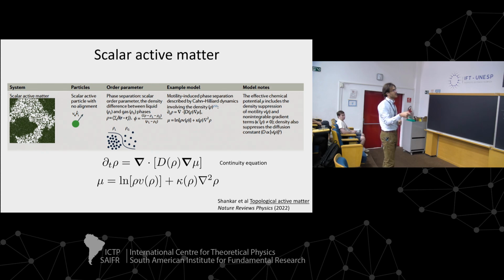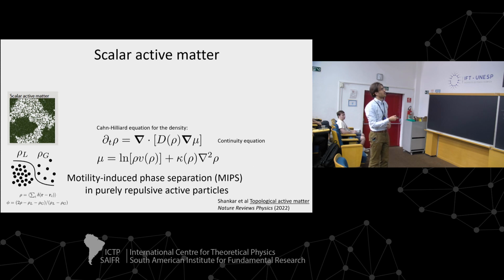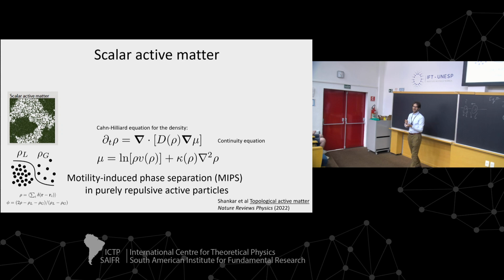In particular, this velocity dependence on the density can result in what's called motility-induced phase separation, where your particles slow each other down, right? If you have higher densities, you have a lower effective velocity for the system, which often happens. You just go into a crowded room and suddenly you can't walk as fast, right? That's exactly this effect.